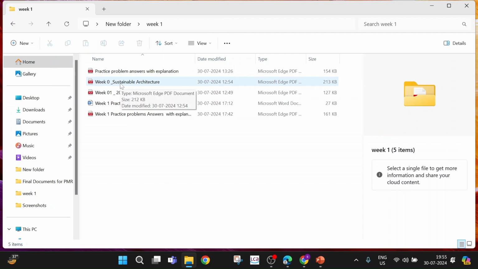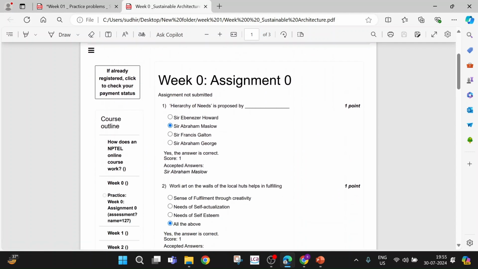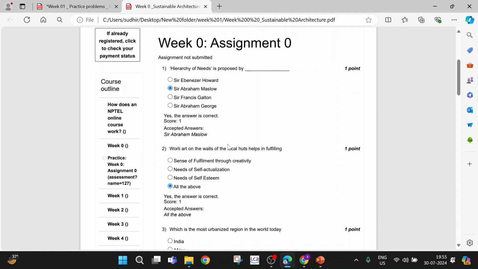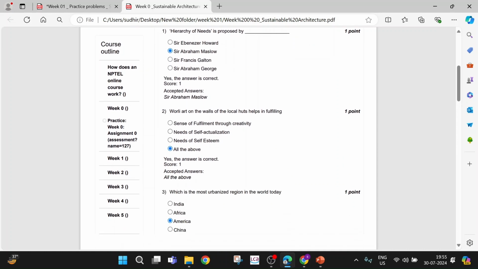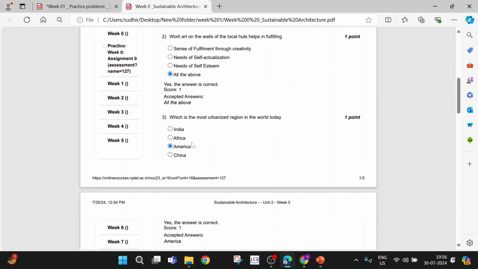This is the week 0 assignment. I think you will be able to answer this. First one: the hierarchy of needs was proposed by Maslow. Is it fine? Then quickly we can go through the other questions, including all of the above. Question number 3: which is the most urbanized region in the world today?